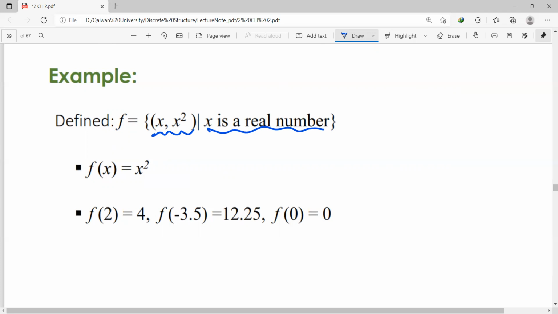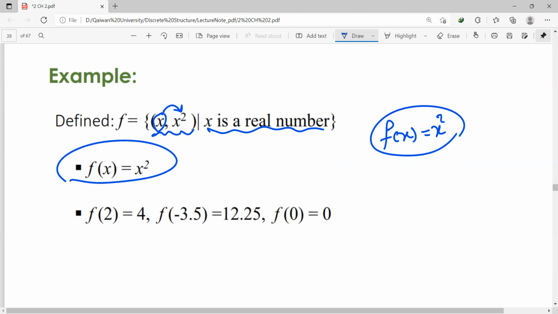Here for each x, it becomes x squared. That means f of x equals x squared. This is our function. From the definition above, we can find the function.